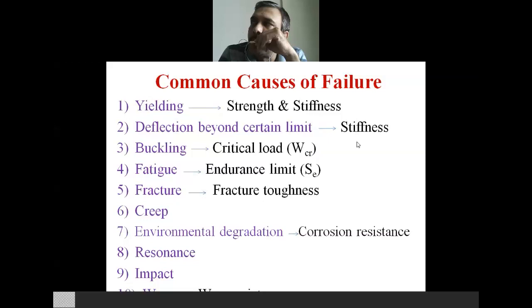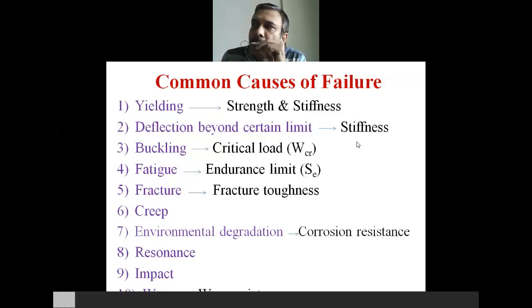In the case of columns, or generally thin or slender members, if they are subjected to an axial compressive load, like your building columns, your panels, then your structures of any machines, they are subject to axial compressive load.